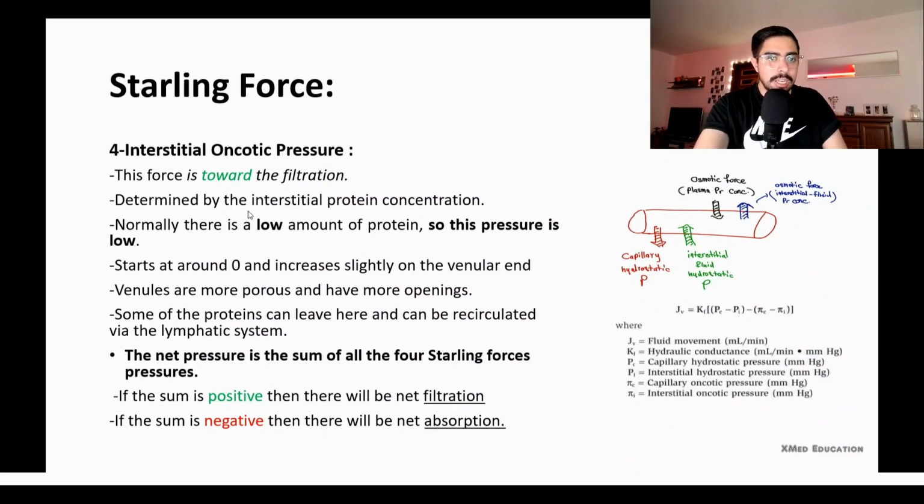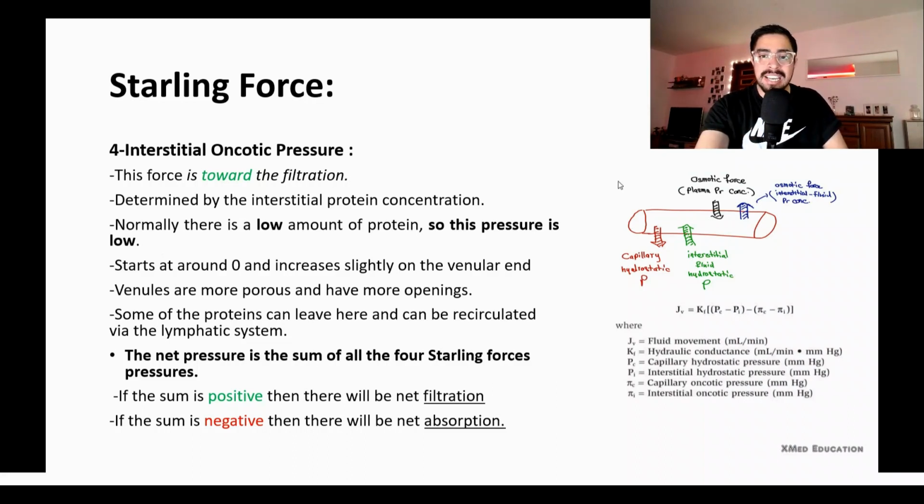So let's go. The fourth factor that we need to talk about is interstitial oncotic pressure. So what is interstitial oncotic pressure? This is the pressure of the protein concentration here. As we mentioned, there is also protein concentration in the interstitial fluid, but it is less than the one in the capillary. And of course, I give it in numbers for better understanding.